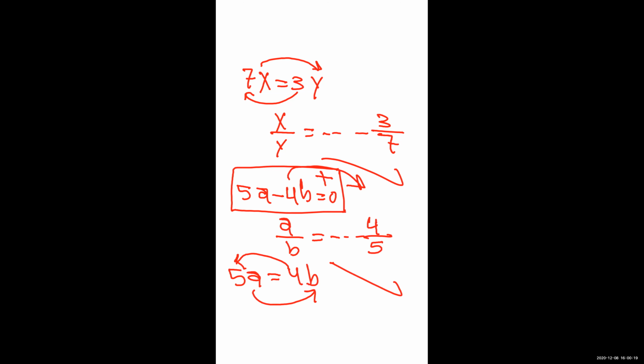Yeah, it's clear. Okay, the next question will be the same also. 5a minus 7b over 8a plus 11b equals 0. Then b over a equals dots.